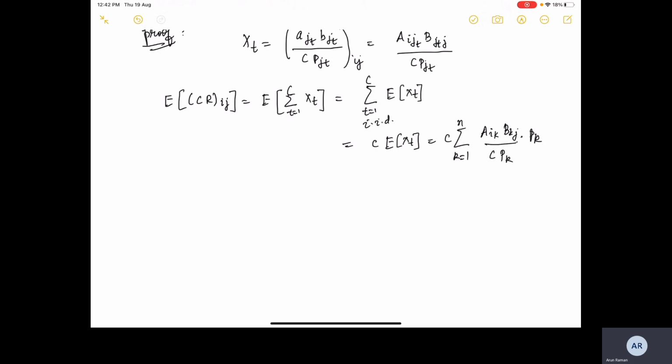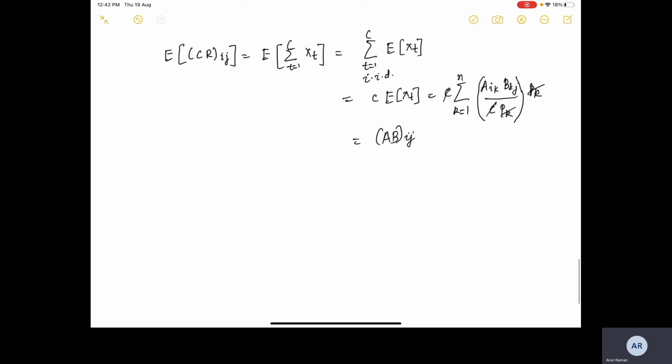With probability p_k at time t, we are picking this component of the product. That is why we scaled earlier with p_k, just to make sure that everything works out. What we are left with is (AB)_{ij}. So this is the first result.